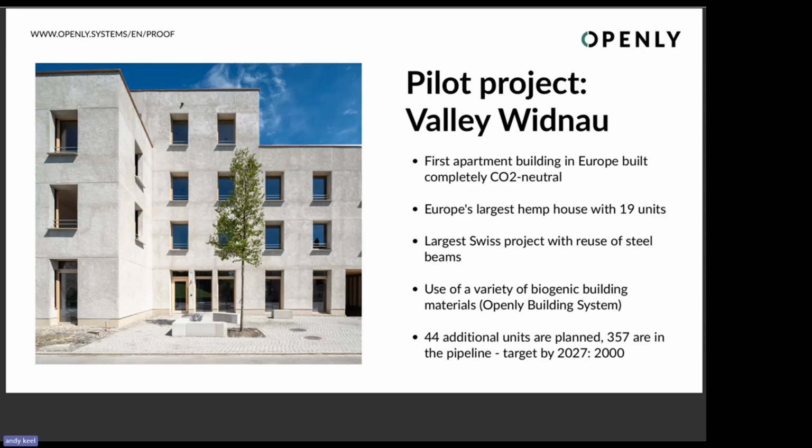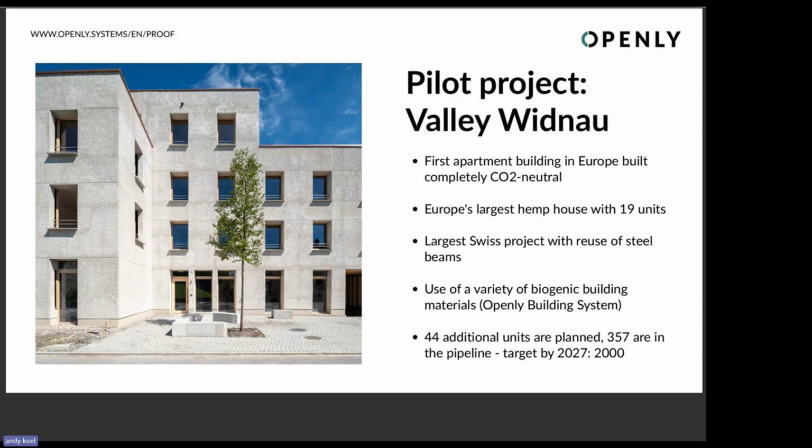Talking about the project, we achieve a net zero balance. I will talk about it in a second. It's the largest hemp house, so all the walls, everything is made out of hemp. For the load-bearing structure, we used wood and steel.